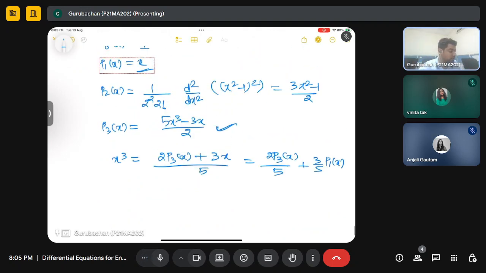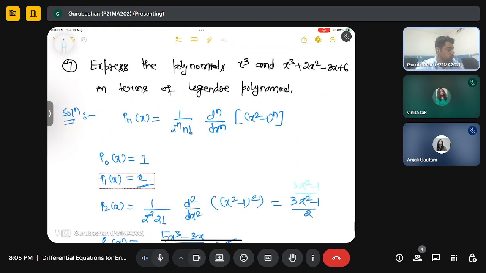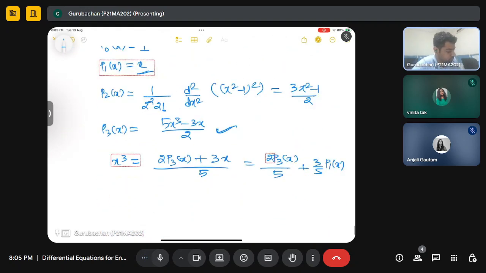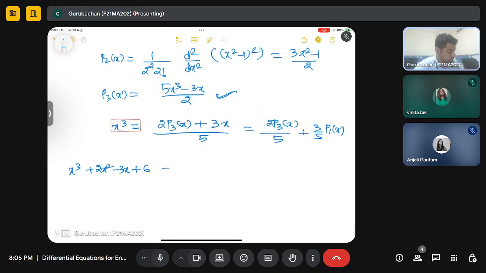Now what about the second expression, that is x cube plus 2x square minus 3x plus 6. What you will do is combine first of all x cube.